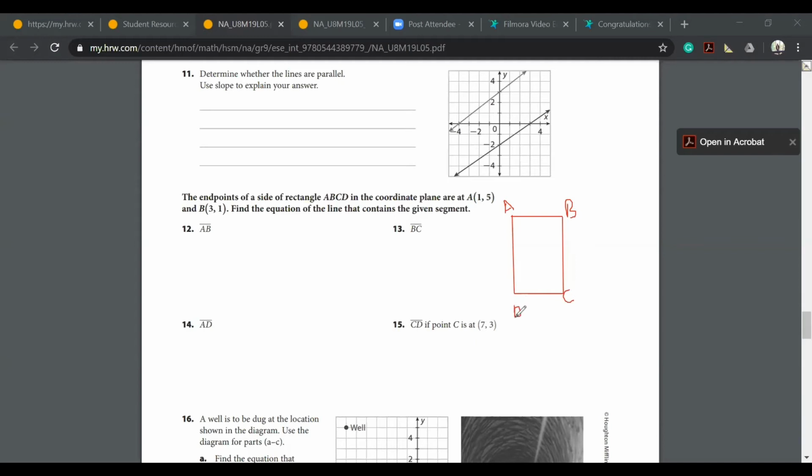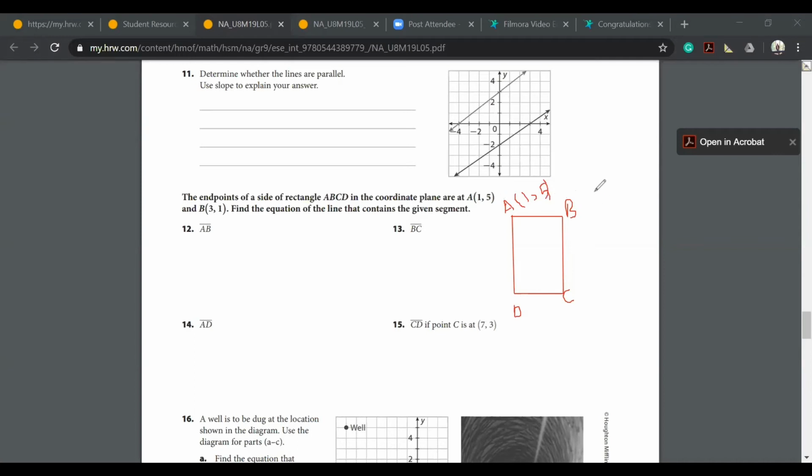And he is telling you that the coordinates of A are (1, 5). Of course, since we don't have a coordinate plane, the graph shouldn't be exactly like this. We are just trying to imagine the segments after each other.